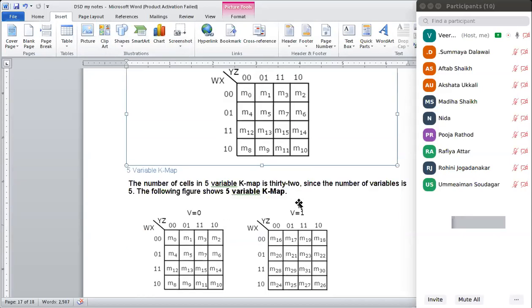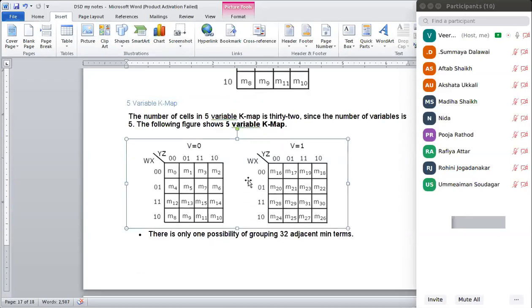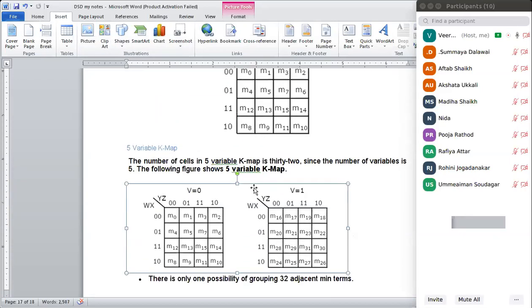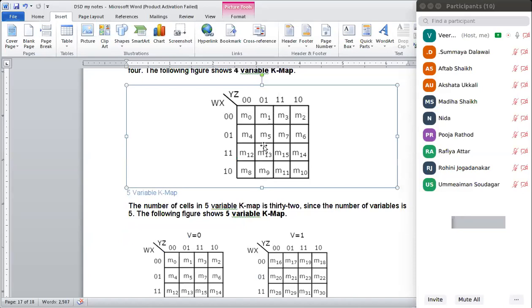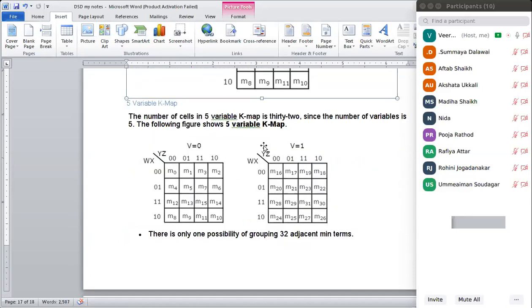Then how about a five variable? Now I will not extend the number of cells. Instead of extending the number of cells, I am going to use the same number of cells two times.